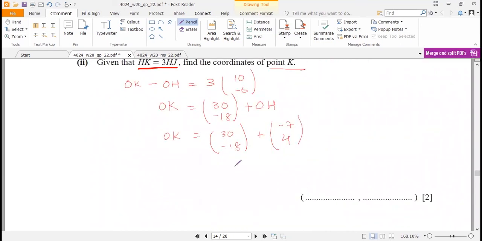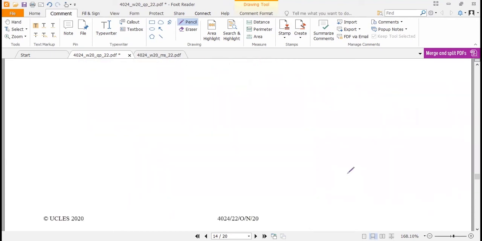So 30 minus 7 will be 23, and -18 plus 4 will be -14. So the coordinates of K are (23, -14).